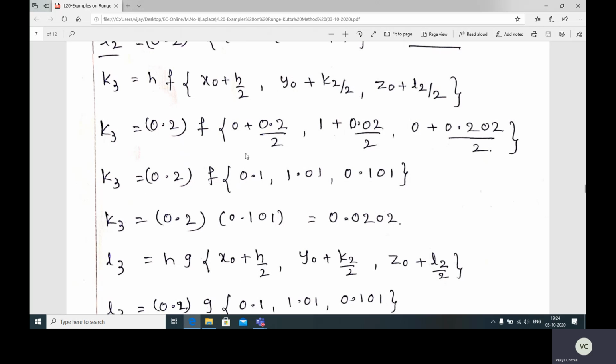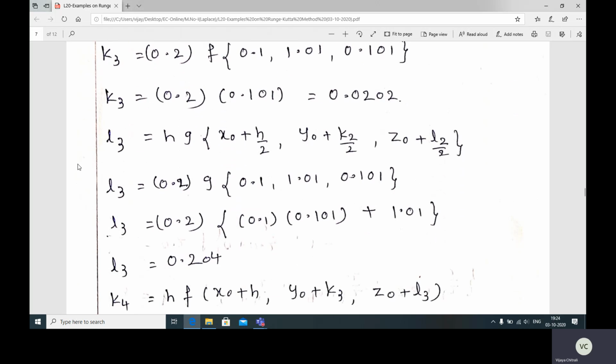Now x0 plus h by 2 is 0 plus 0.2 divided by 2, y0 plus k2 by 2 is 1 plus 0.02 divided by 2, z0 plus L2 by 2 is 0 plus 0.202 divided by 2. So we'll get K3 as 0.2 into f of 0.1, 1.01, 0.101. f of x, y, z is z, so z is 0.101. Multiply this with 0.2 and we get K3 as 0.0202. So this is K3.